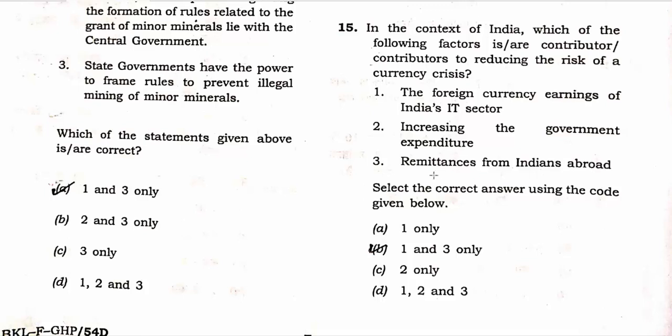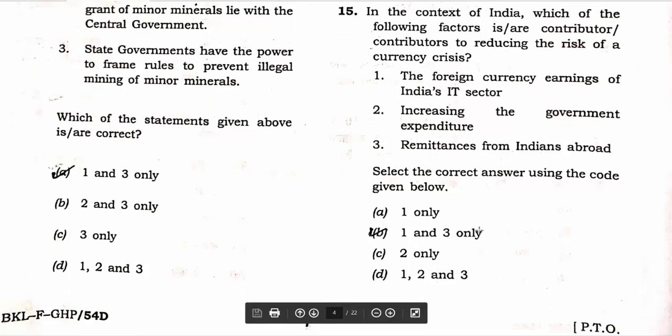And India has been topping when it comes to remittances. If you know this part, then 3 is correct. If 3 is correct, it should be either 1 and 3, or 1, 2 and 3. Since we have outrightly taken out 2, without any thought, by default the answer is B, 1 and 3. It can't be any other answer. So you have no confusion at all if you have taken out 2. That is your B, 1 and 3.